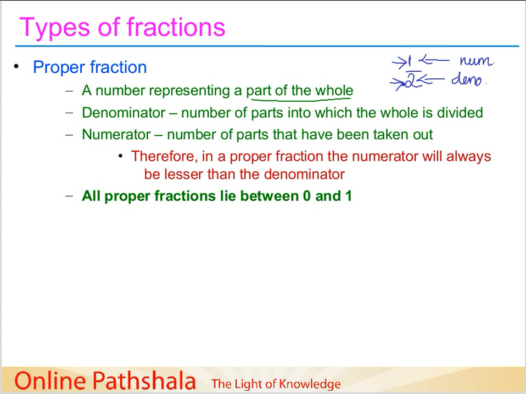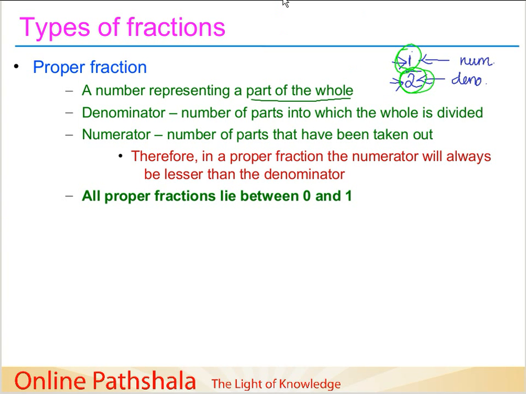So the fractions which we have studied are called proper fractions. The main criterion is that the numerator, in this case 1, is always going to be less than the denominator. That is what a proper fraction is.